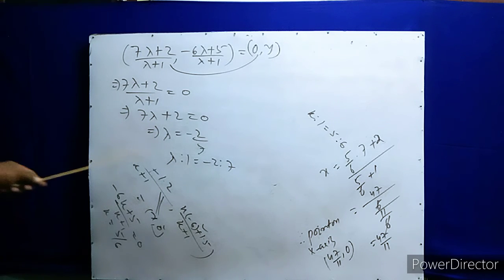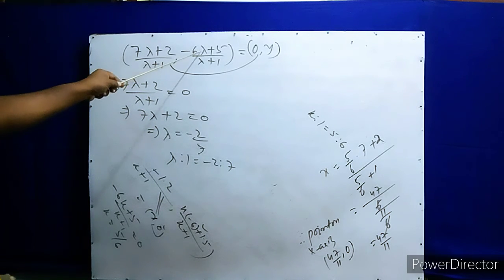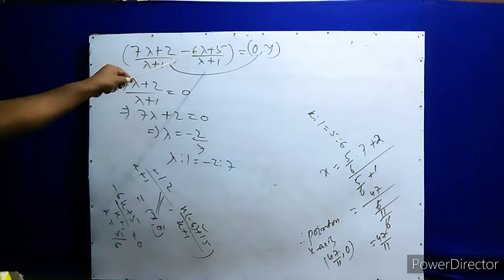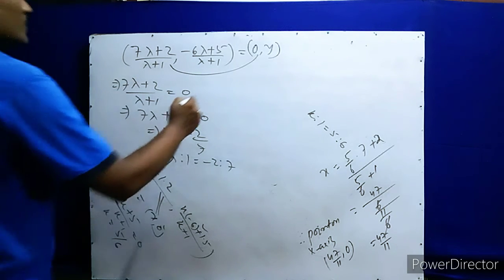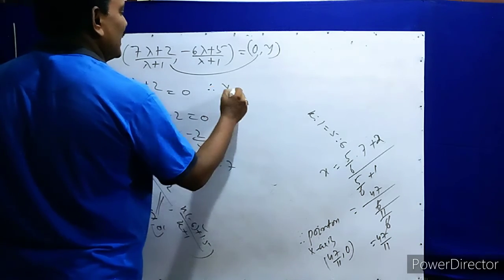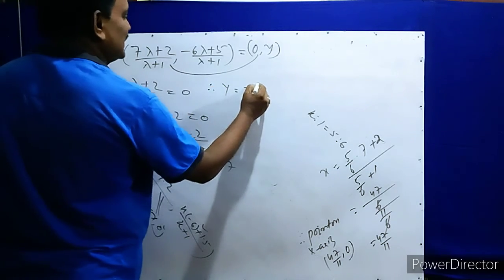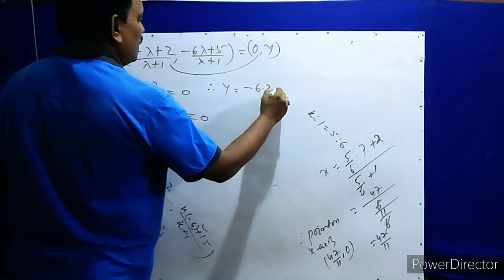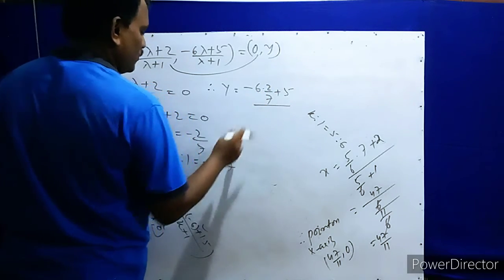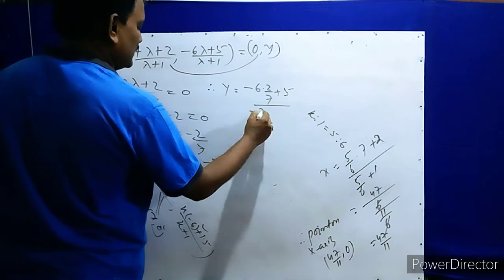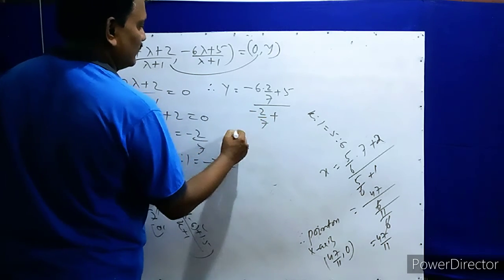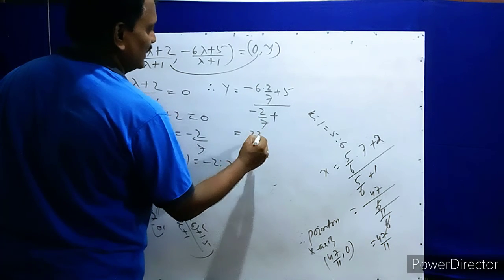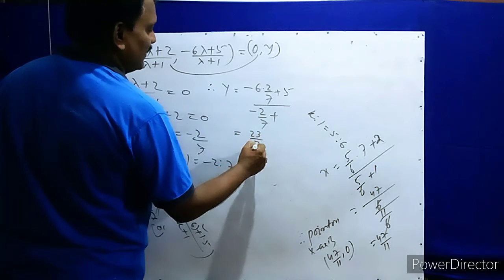Okay. This value you put here: instead of lambda you put minus 2 by 7, then you get the y value. Therefore y equals minus 6 lambda, equals minus 2 by 7, plus 5 by, again you put here minus 2 by 7 plus 1. Here it is 35 minus 12 equals 23 by 7.